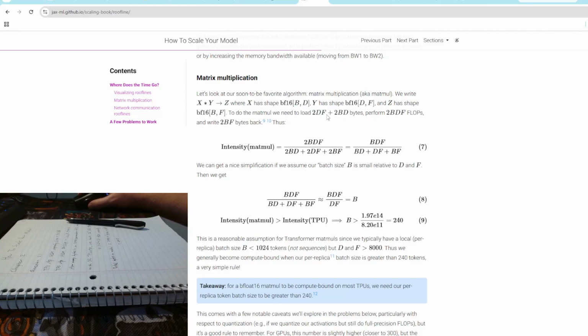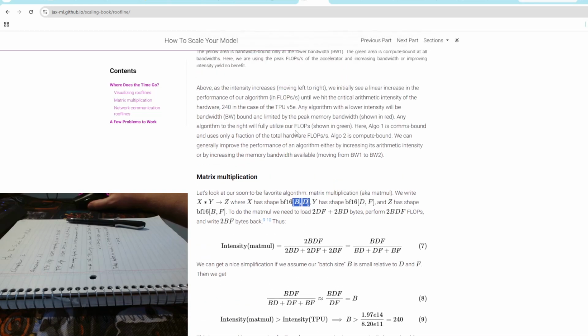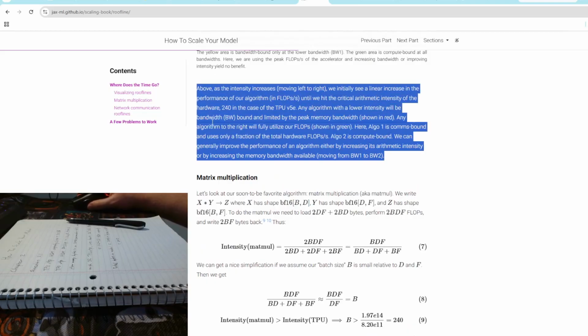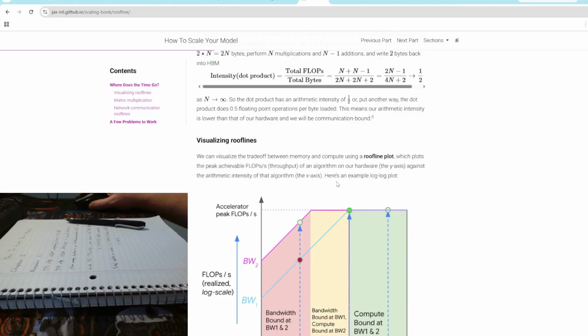So it's 2 per parameter because this is a matrix of BF16s. They explicitly say somewhere about BF16 being 2 bytes.